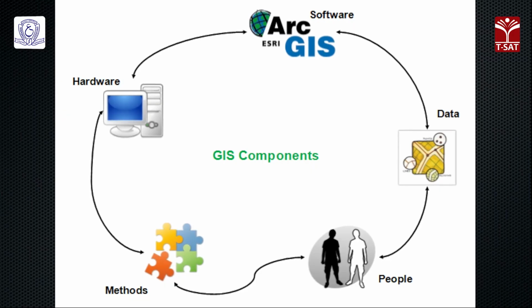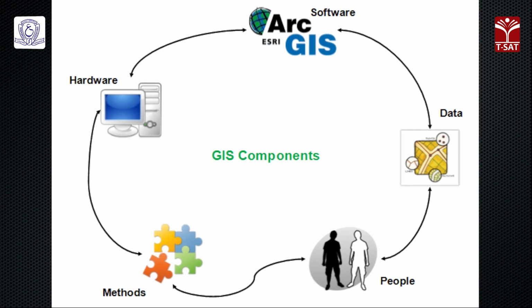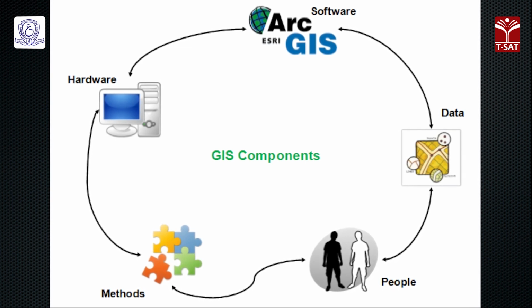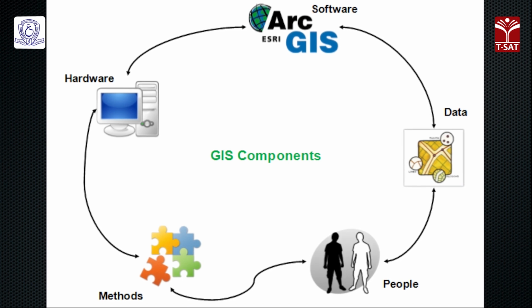Components of GIS. There is almost as much debate over the components of a GIS as there is about its definition. At the simplest level, a GIS can be viewed as a software package with various tools to enter, manipulate, analyze and output geographic data.